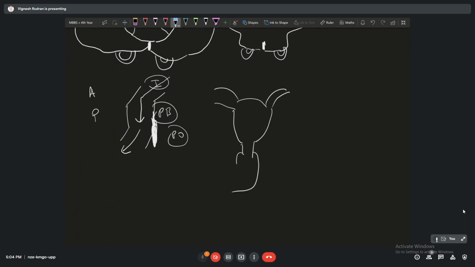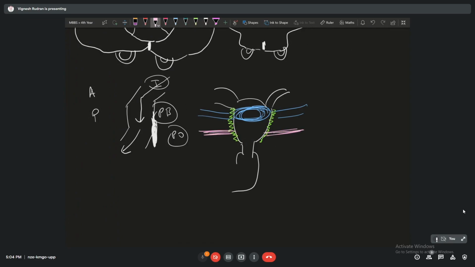So you have your round ligament of uterus. Why it's known as the round ligament is that its insertion is going to be like this. That is your round ligament, and then you have your broad ligament over here, and this is going to be attached to the pelvic bone like this.